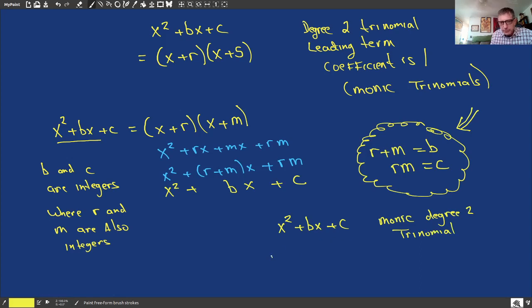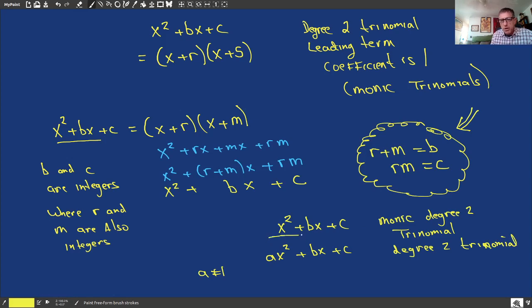If, on the other hand, we have a leading coefficient that is not 1, so a is not equal to 1, then we have just a degree 2 trinomial. And we want to factor both of them.